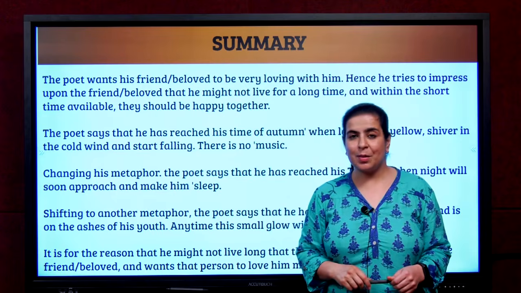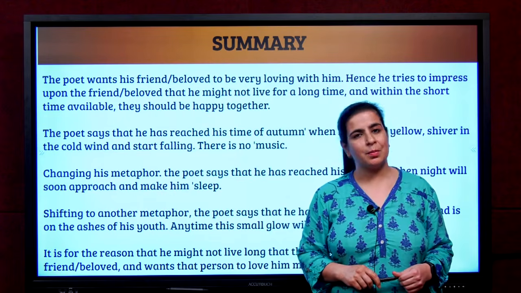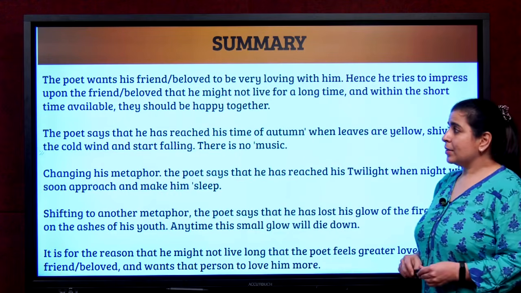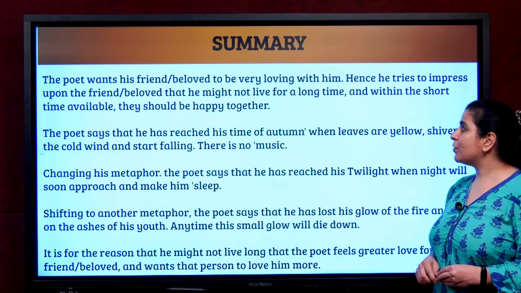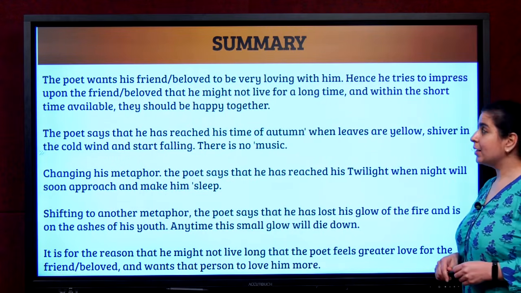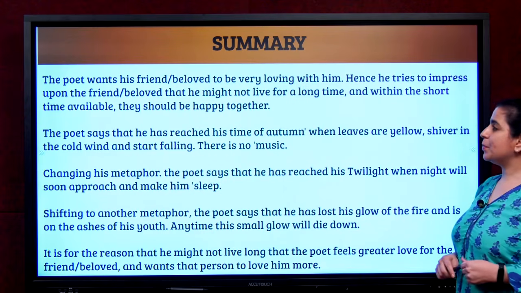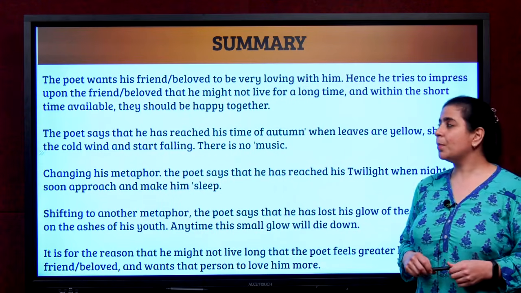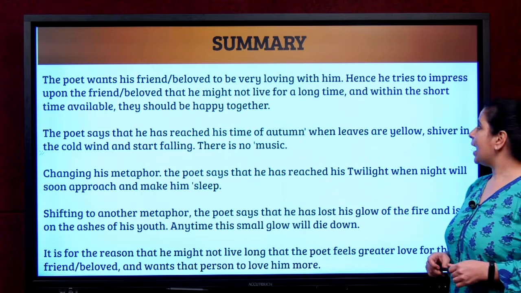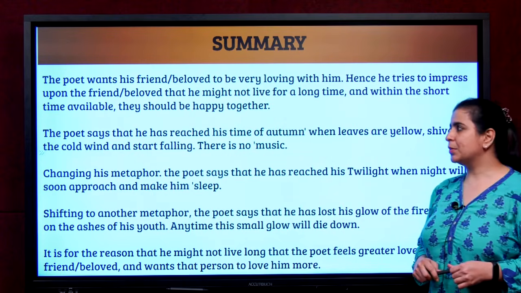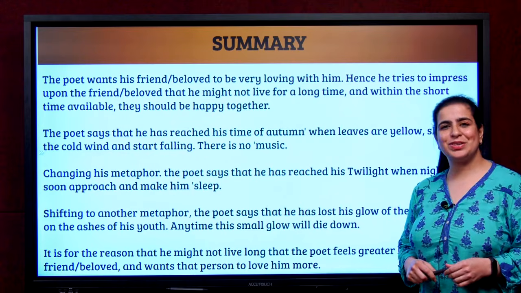I am going to read the summary once again for you to remember the poem. Okay? The poet wants his friend or beloved, the reader, to be very loving with him. Why? Hence, he tries to impress upon the friend or beloved that he might not live for a long time. And within the short time available, they should be very happy together.